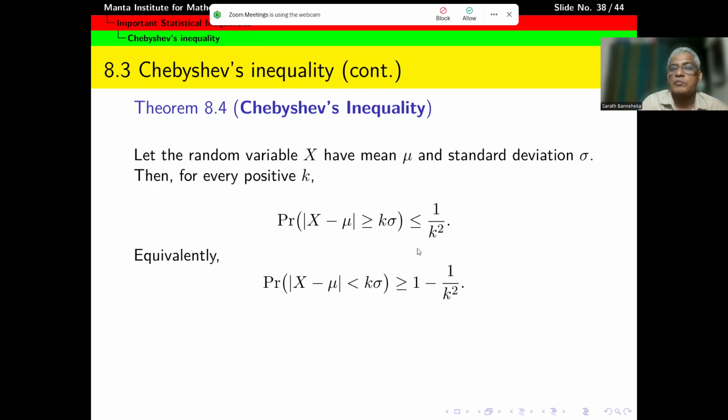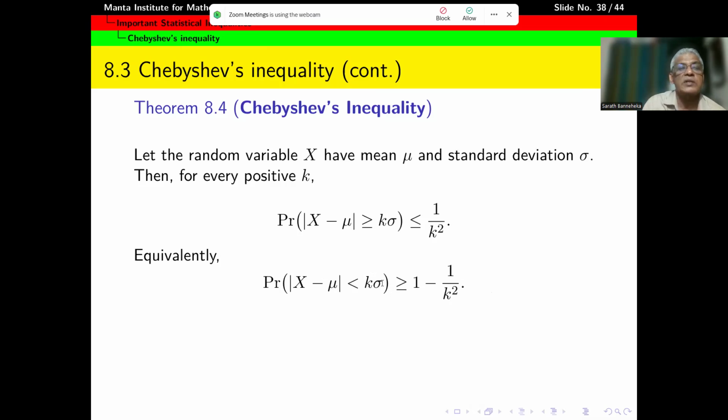That comes from taking the complement. So what does this tell you? This tells you that most of the values of the random variable will be within k times sigma distance from mu, and that probability will be greater than or equal to this quantity. You can see that when k increases, this quantity 1 over k square will decrease. Therefore, the probability will get closer and closer to 1, right?